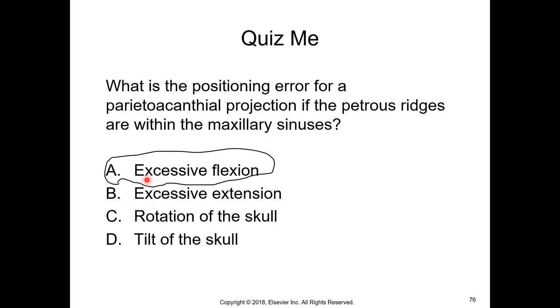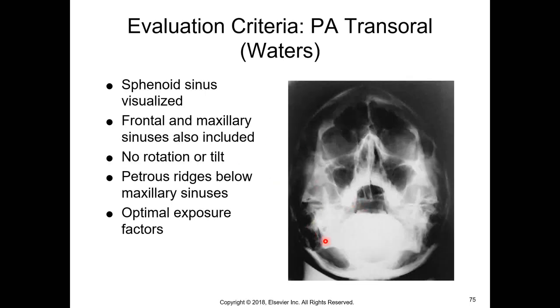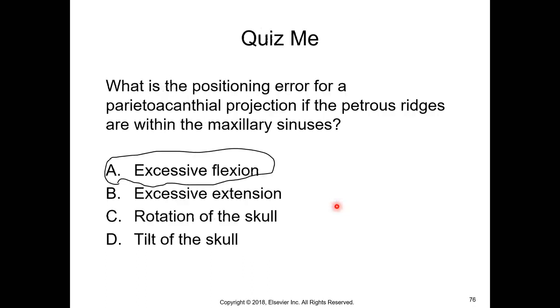The error would be that your head is down too far or your neck is too flexed. So when your petrous ridges are in the maxillary sinuses, that means you have the head too far down. What you want to do is extend the head or extend the neck so that you can get those petrous ridges out of the maxillary sinuses.